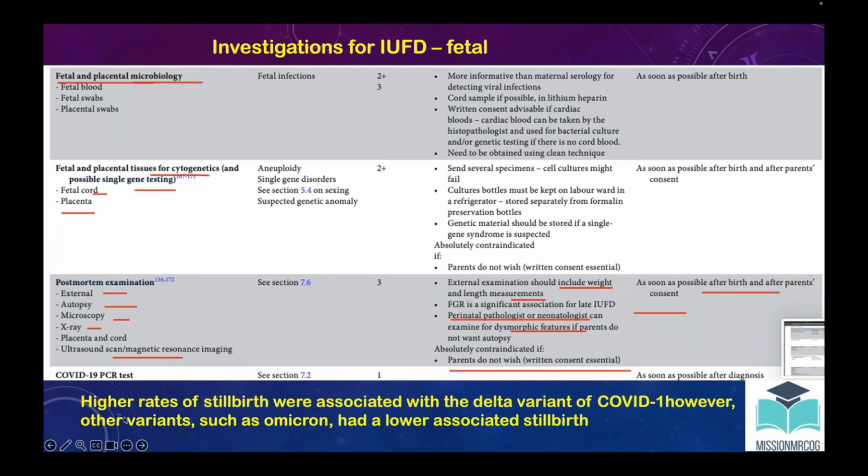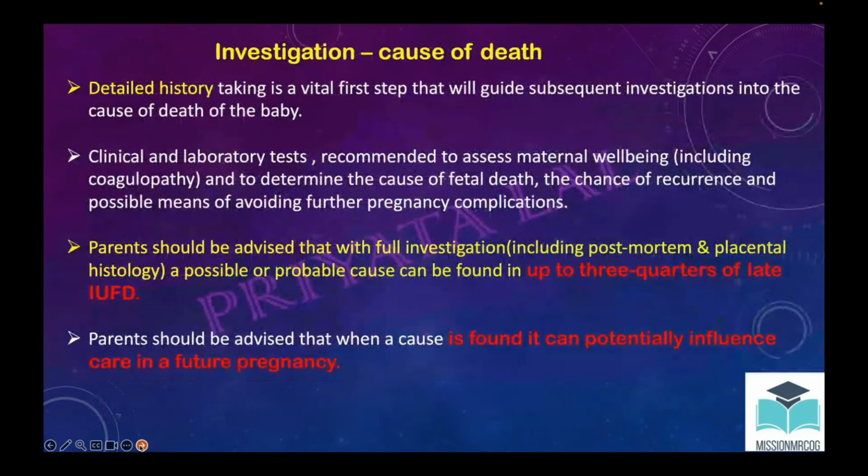Apart from this, this is newly added in the guideline: a higher risk of stillbirth is associated with the Delta variant of COVID, but other variants such as Omicron are associated with lower stillbirth. We have gone through the COVID era. The Delta variant has increased chances of stillbirth. Okay, any question till now?